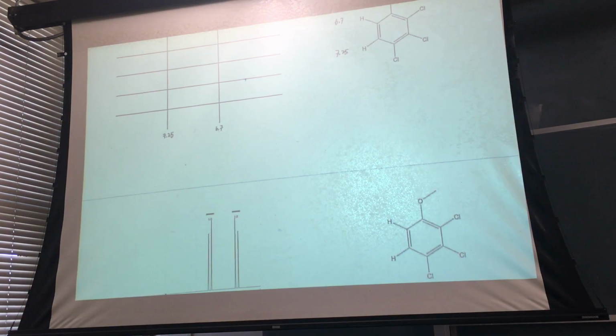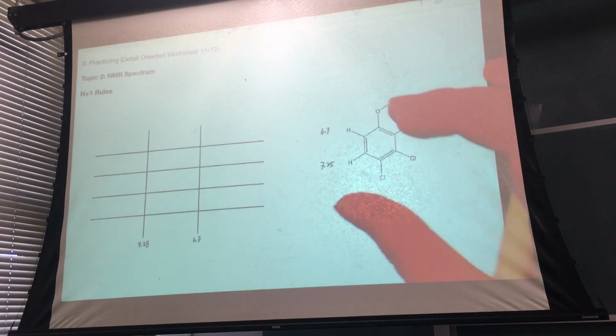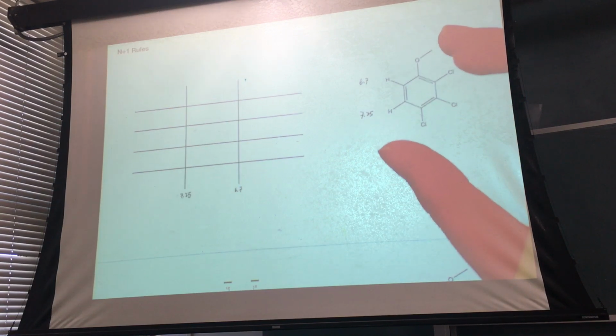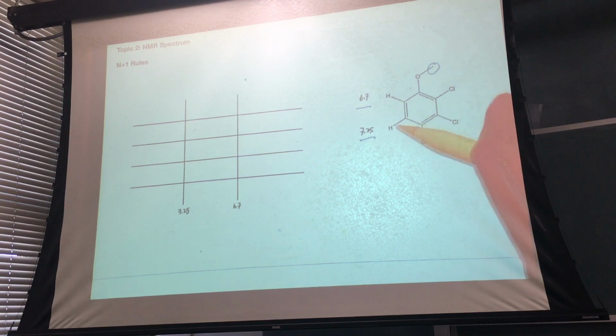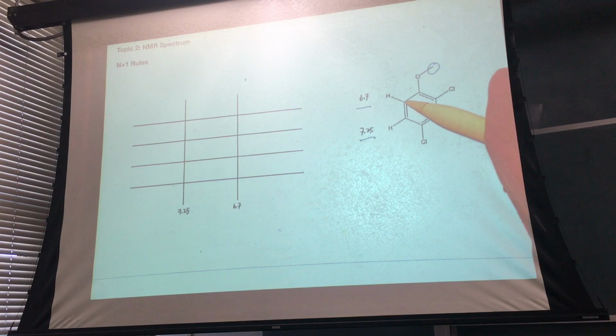This is an example that is quite plain, because there are only 2 peaks for this hydrogen. It's on a benzene ring, so it's within 6 to 7. Actually, there is also going to be a peak somewhere around 2, or maybe 3, but we are not going to discuss that one yet, because for these 2 hydrogens, this one has a neighbor carbon, and that carbon only has 1 hydrogen.